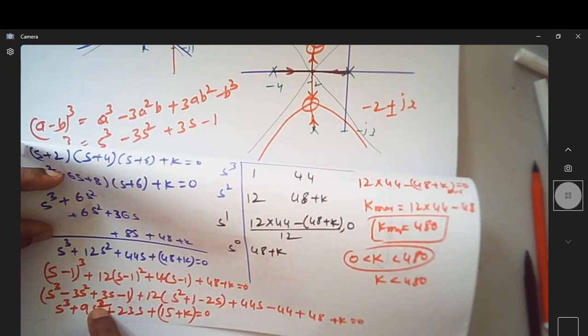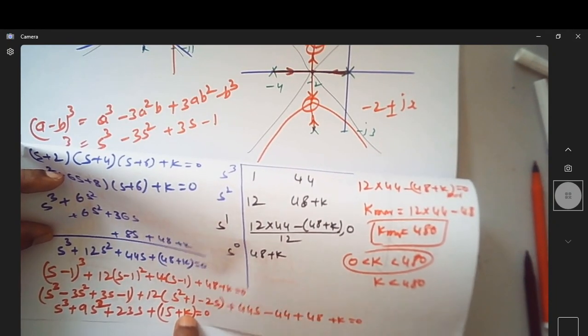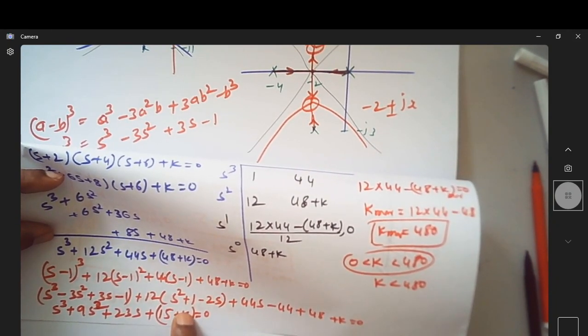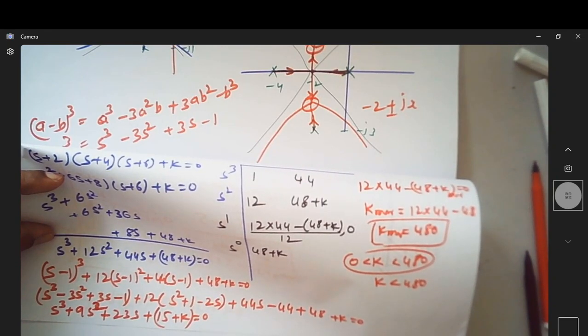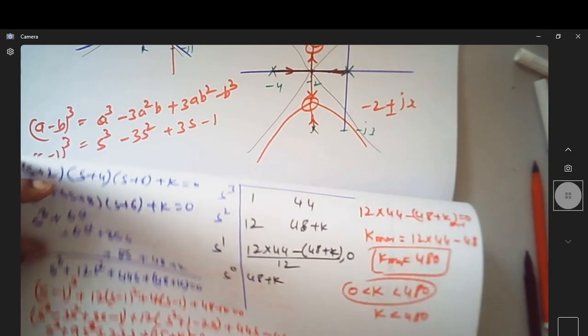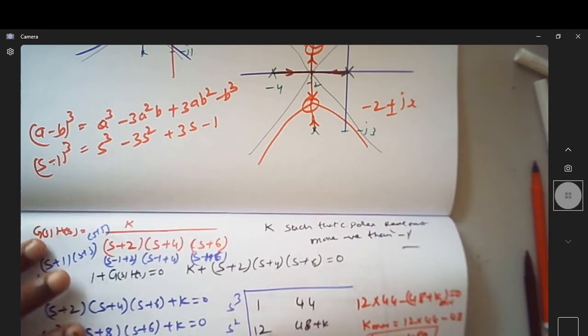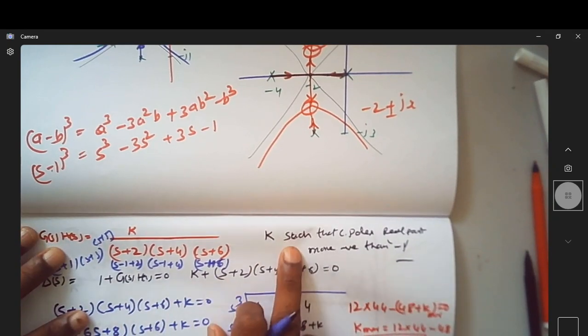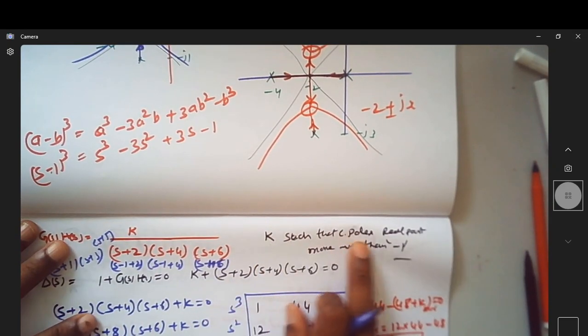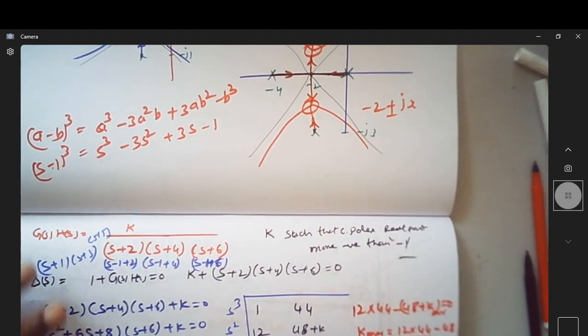The value of k you find here corresponds to the value of k for which the closed loop real parts will be more negative than minus 1. So this way we can find the value of k such that poles are more negative than minus 1.